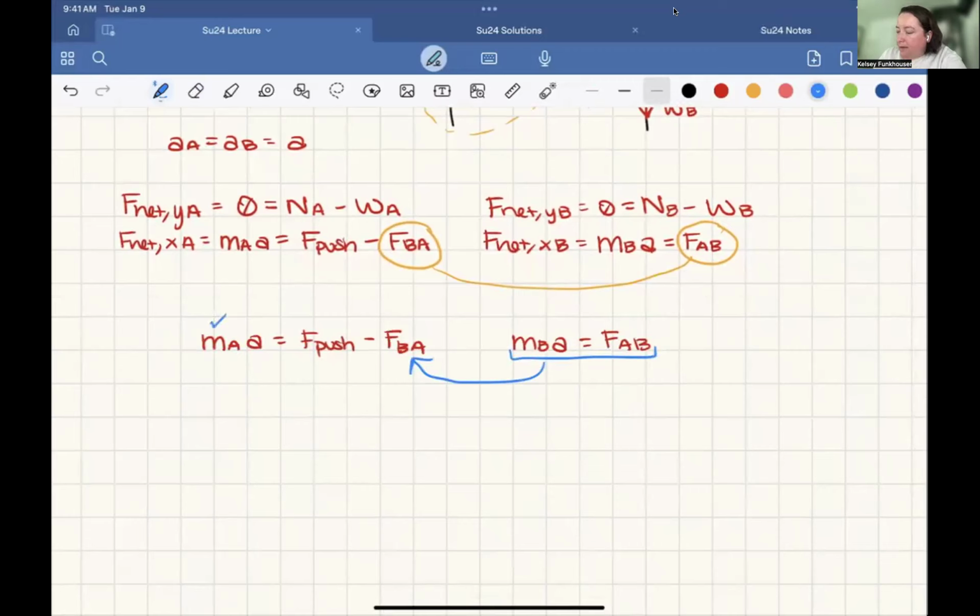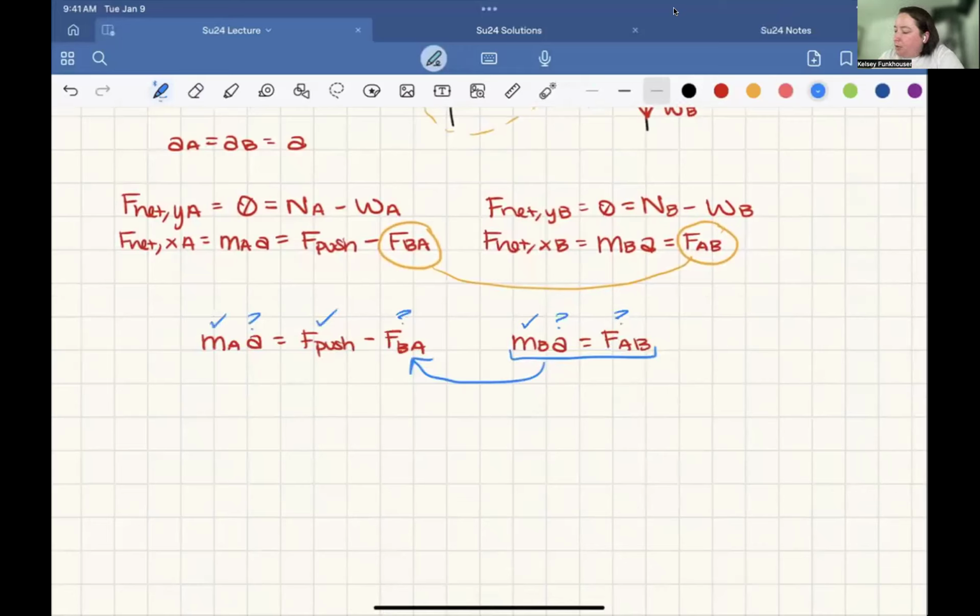We know the mass, we want the acceleration, we know the pushing force, and we don't know what this force is. And again, in the other equation we know the mass, we don't know this or this, but we have two equations. We can solve something with two unknowns if we have two equations, but it requires both of them. So that's what we're going to do.